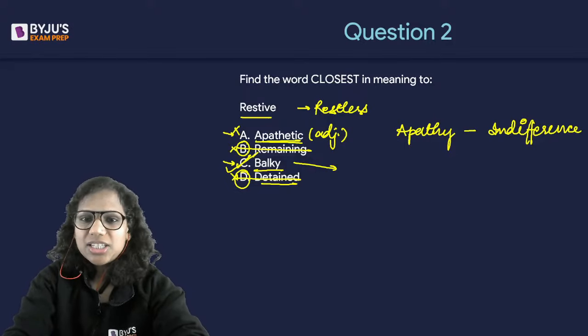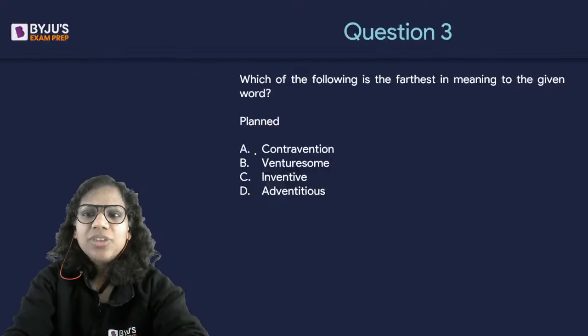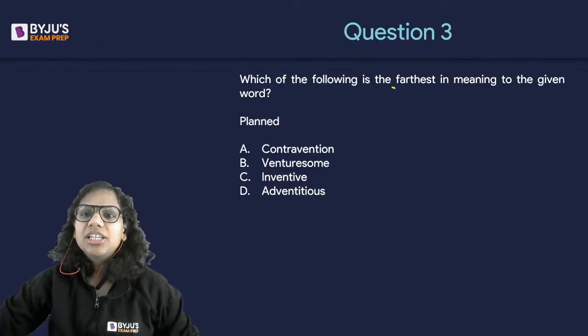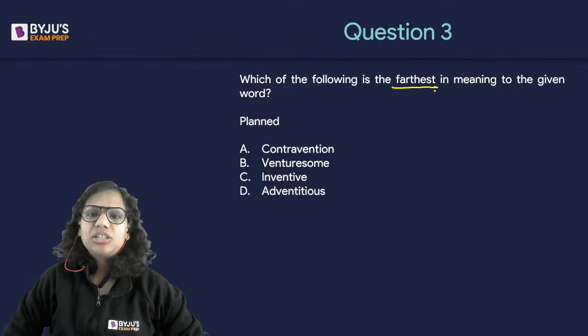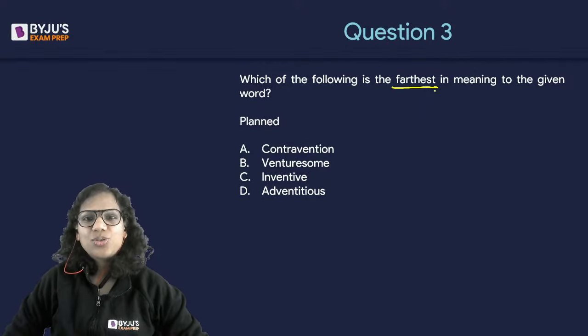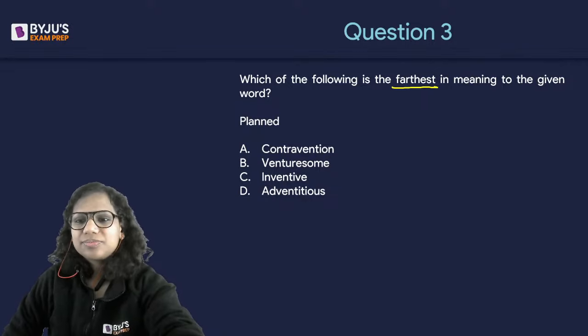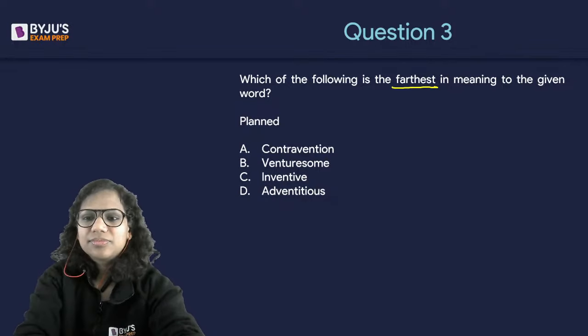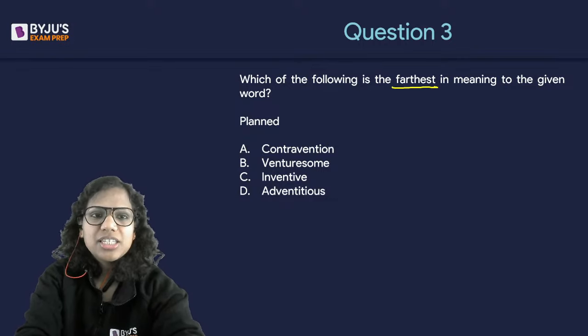All right. Let's go to the next one. Here you have to give me the word that is farthest in meaning to the given word. Let's see what you say. Farthest, opposite.